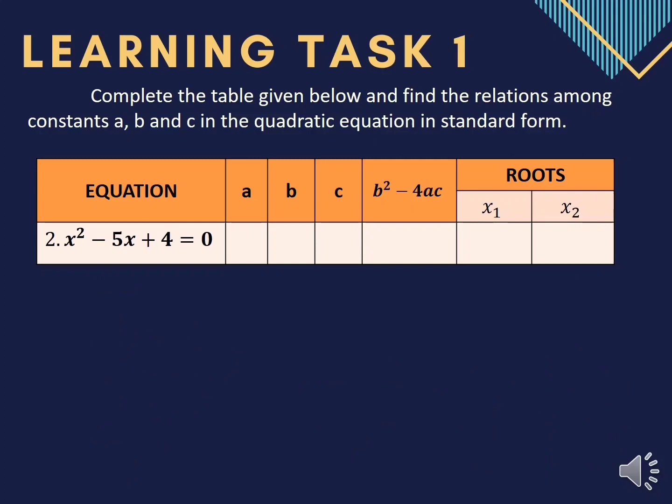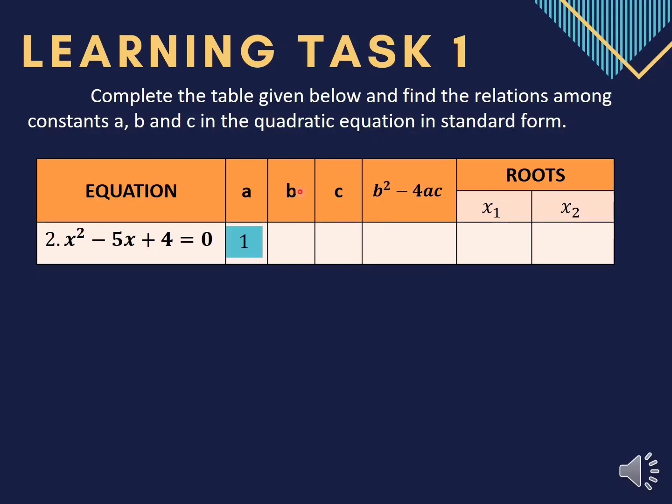In our item number 2, the given is x squared minus 5x plus 4 is equal to 0. This time, let us start by finding the values of a, b, and c. For the value of a, the numerical coefficient of the quadratic term, that is 1.